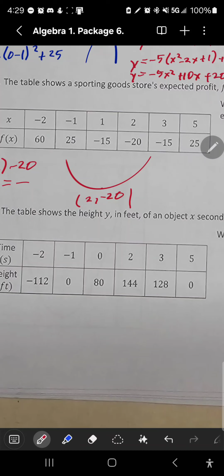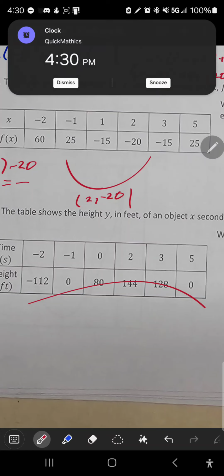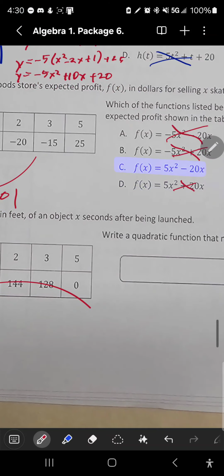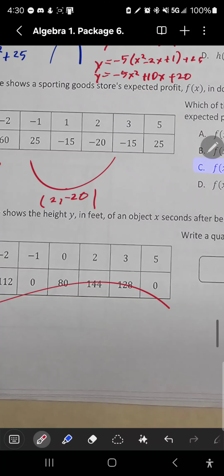So we have the table here. I see negative, positive, positive, positive, positive, and then it's coming back. As you can see, increasing, then decreasing. But we do not have the vertex here.